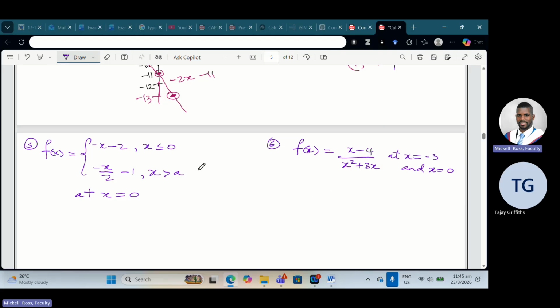All right, try these two questions to prove if the function is continuous or discontinuous, and if it is discontinuous, what kind of discontinuity exists. These two are very simple, so I'm not giving you a long time because we have just a few minutes before the end of class, so about 6 minutes.